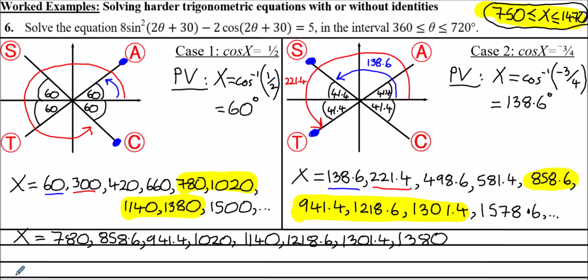But we don't want big X, we want our answers in terms of theta. So our final answers are going to be on this very bottom line. So we've got what big X is allowed to be. It's all of these here. So how do we go from big X to theta? This is where we need to remember what we defined big X to be. We defined big X as 2 theta plus 30.